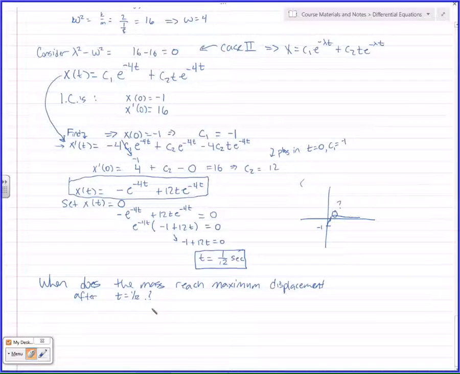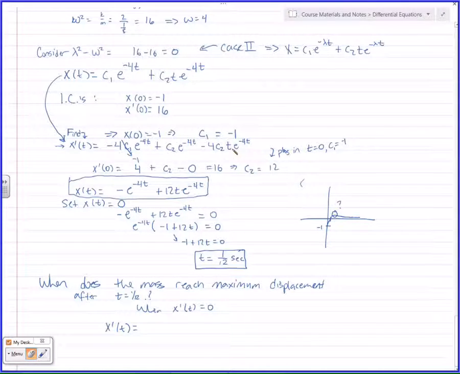The answer is when x prime of t is equal to 0. Okay, so find x prime of t.